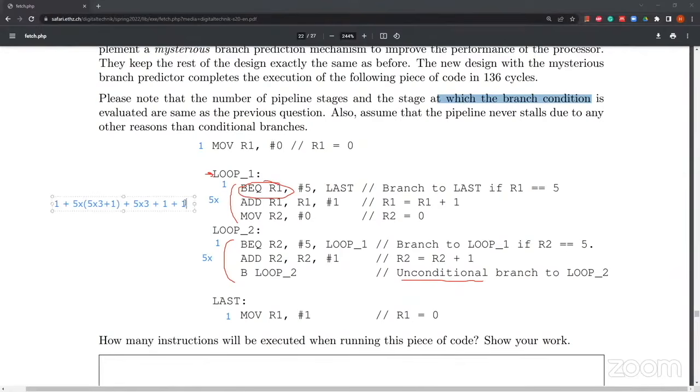And then here, if you do the math, this should be equal to 3 plus 5 by 16 plus 15. Okay, and then this is 80, 95, 97. Oh, sorry, 98. Okay, so this is the total number of instructions we have.